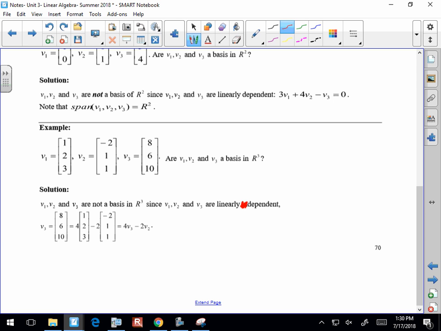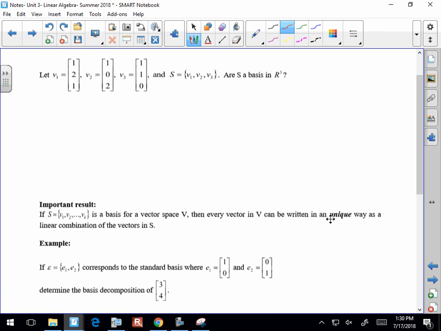All right, so let's see, give it a look. All right, so again, we want to see if it's going to form a basis in R3.